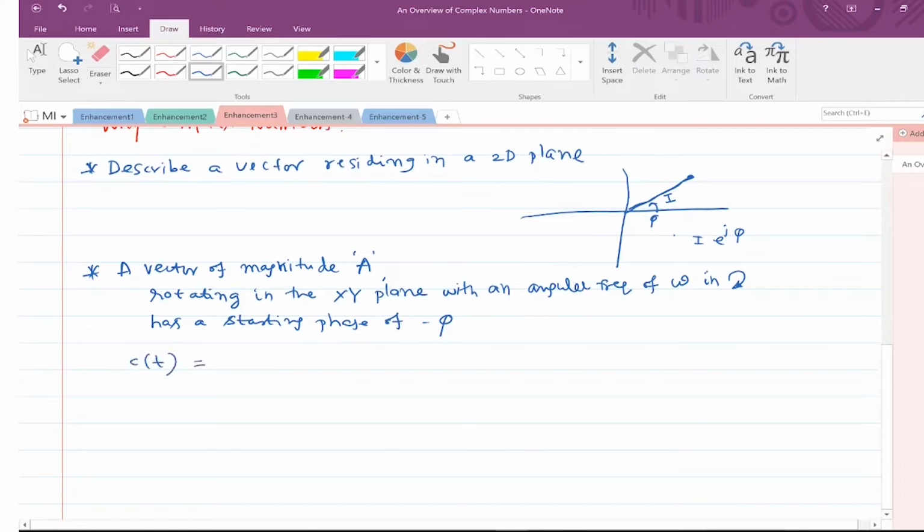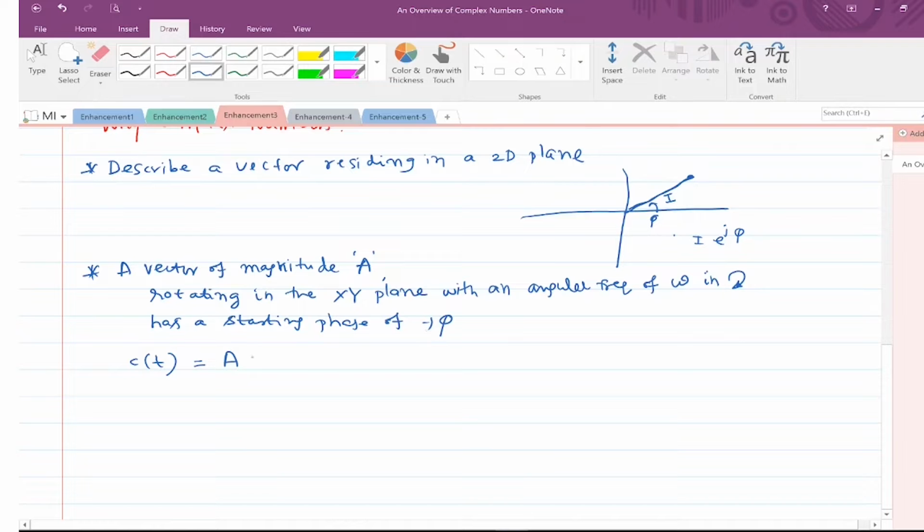Now given this, you pause your video and work out how you represent this vector in terms of a magnitude phase based complex number. Okay, so the magnitude is capital A and its initial phase is the starting phase of phi.